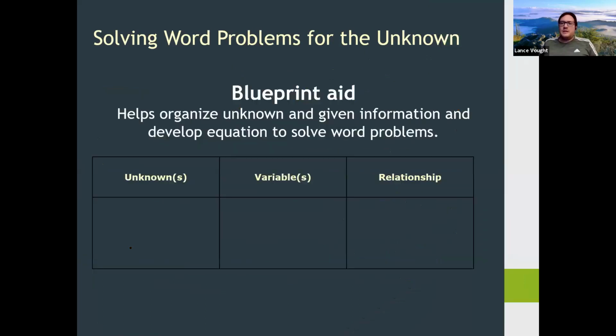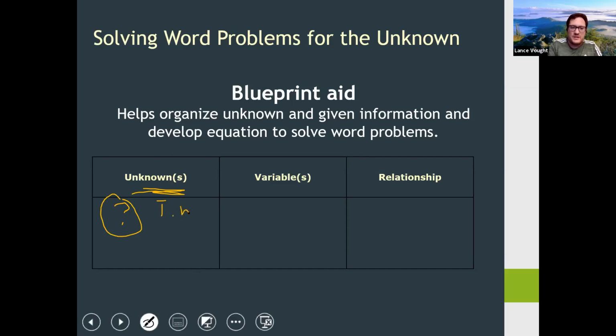Another aid that the book recommends is making this 3-column table, where basically whatever the question is goes in this column. So if it was the Bob and Tim salary, the unknown would be Tim's salary and Bob's salary.